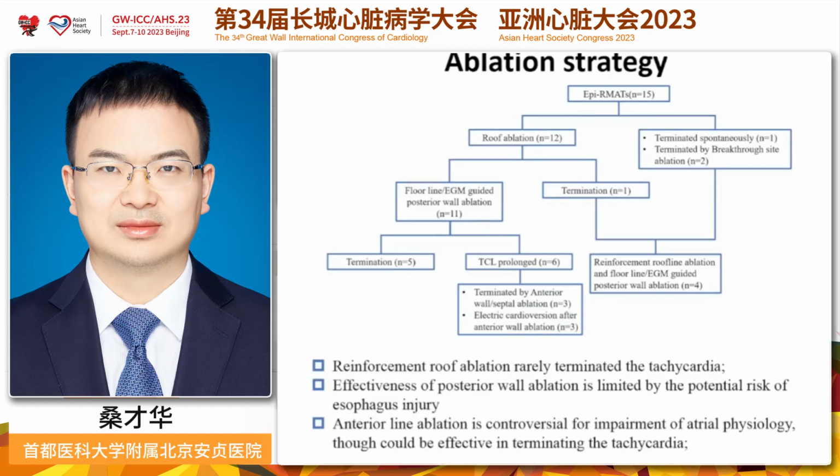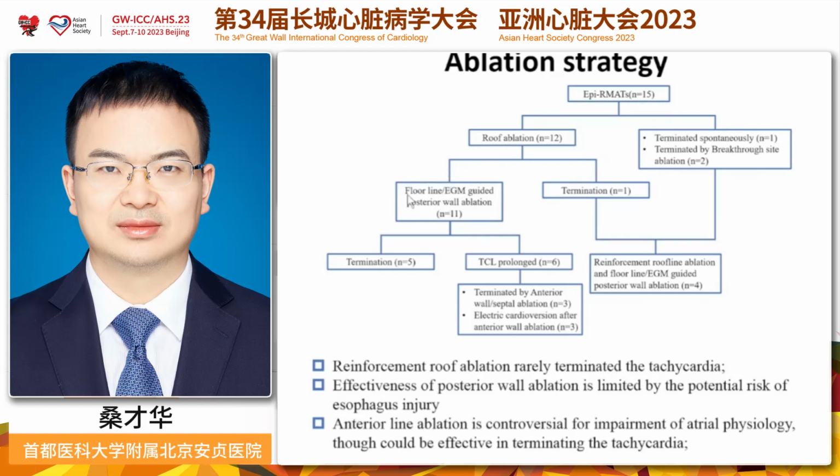To map and diagnose epicardial roof-dependent tachycardia is not so difficult, but the ablation is challenging. In these patients, we first did reinforcement roof ablation, but in only one patient could the tachycardia terminate. Next, we used floor ablation.